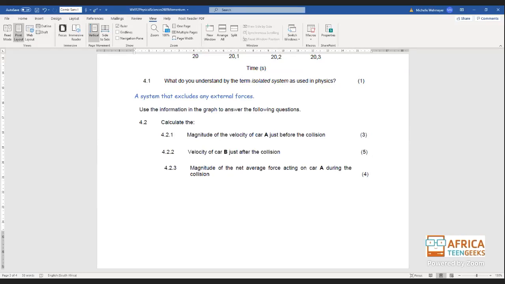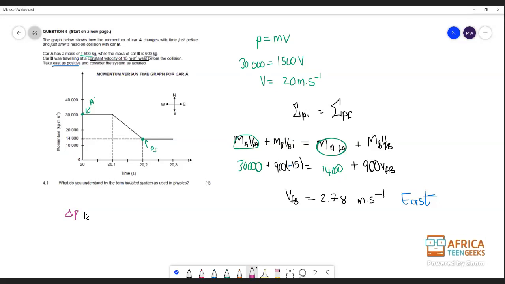So we are going to use this formula, delta P is equal to F net delta T. And if I just rearrange that formula, my F net is equal to the change in momentum over the change in time.